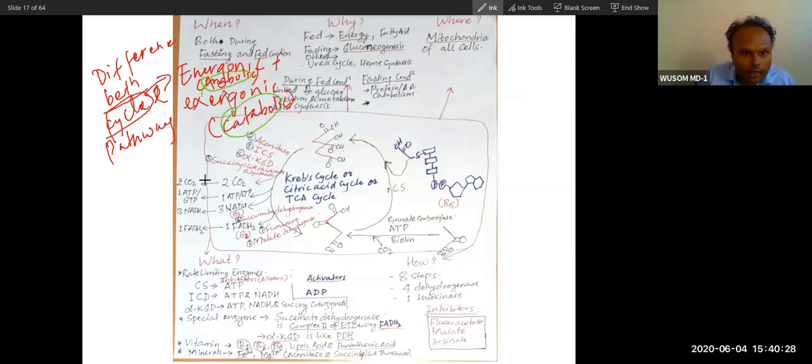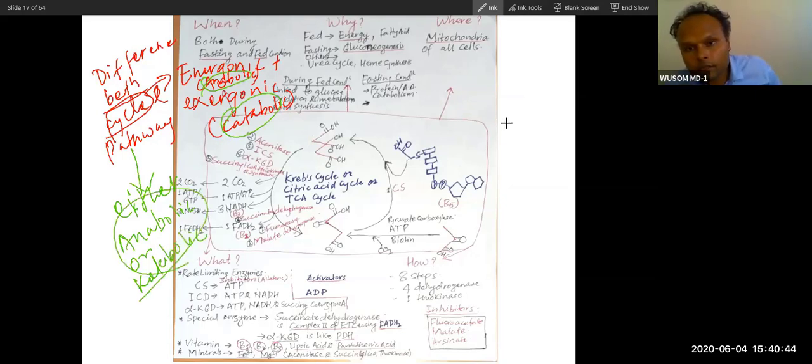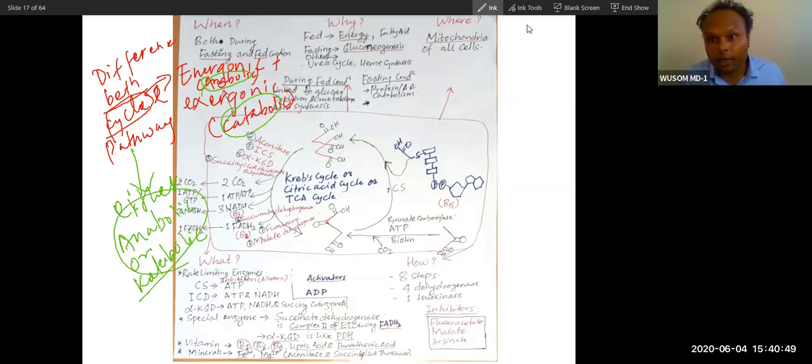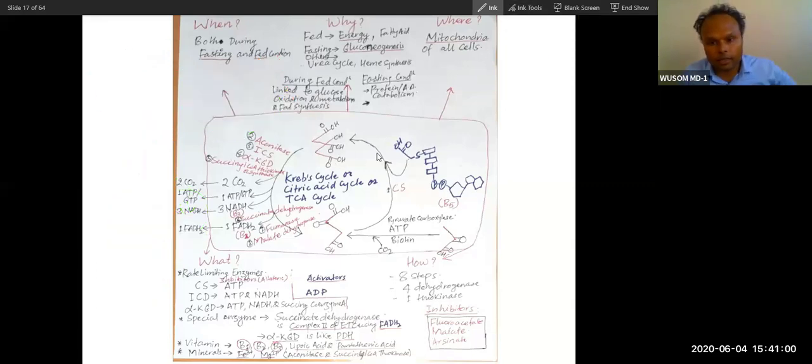Both form one cycle. But a pathway will have either anabolic or catabolic. Did you get this? Remember, this is a very important difference between anabolism and catabolism. No book will tell, no YouTube video will tell you. So remember, this is a very big difference. If you understand this, you will understand the thing in a better way.